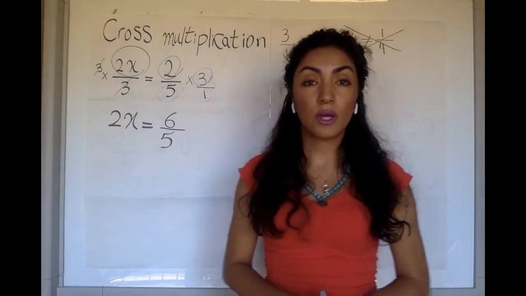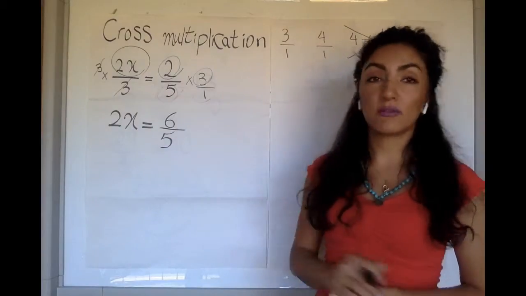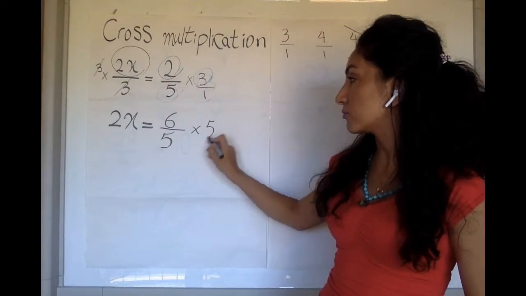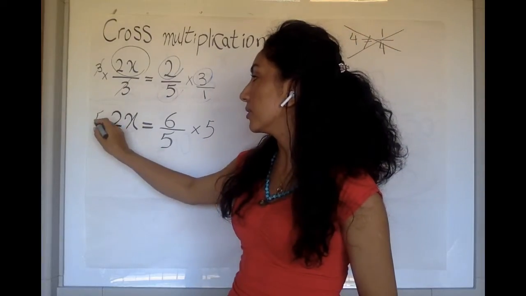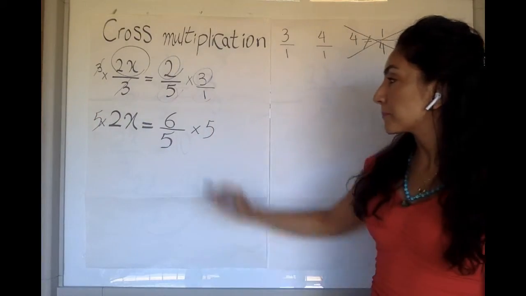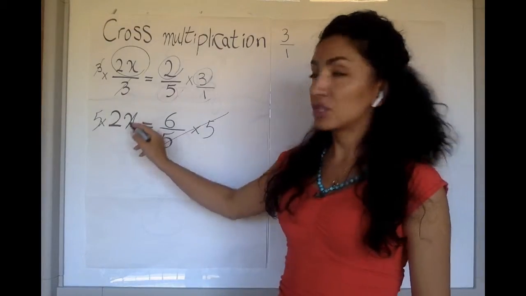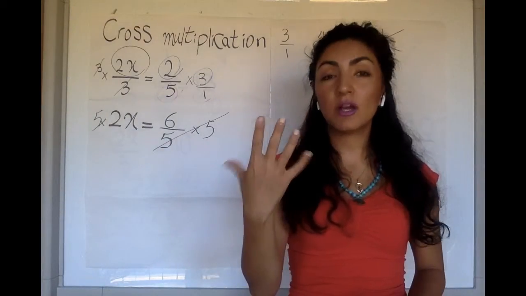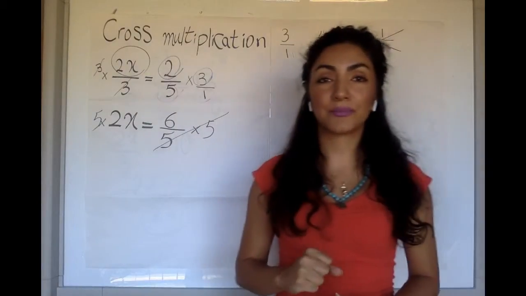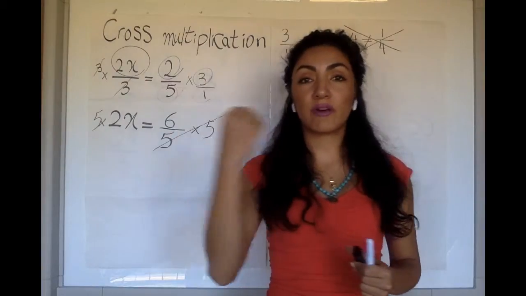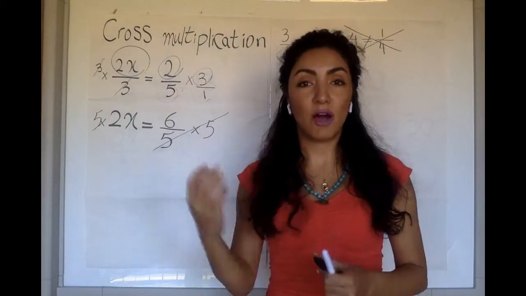Now we want to get rid of this 5 as well. How do we get rid of that 5? Multiply that part by 5. These two cancel each other out. 5 times 2x, 5 of 2x. It's like when we had 5 of x, it was 5x.